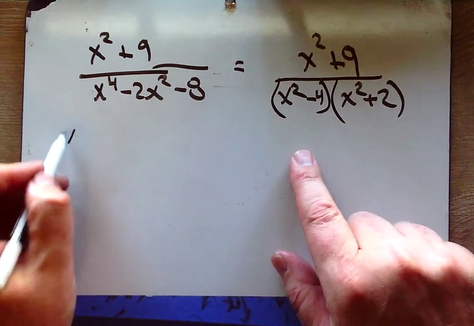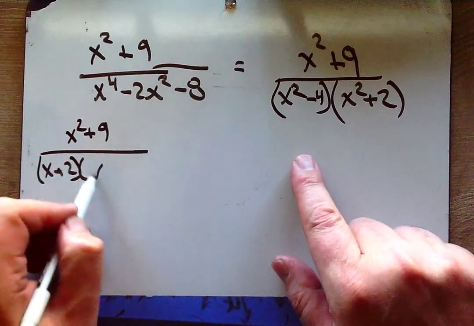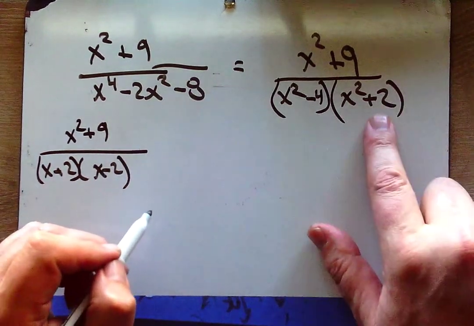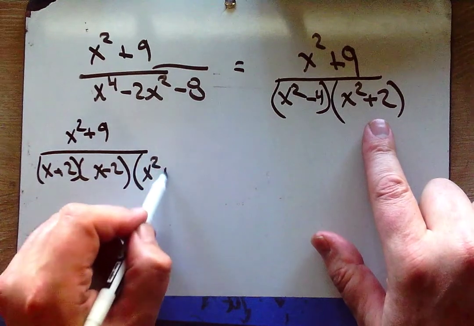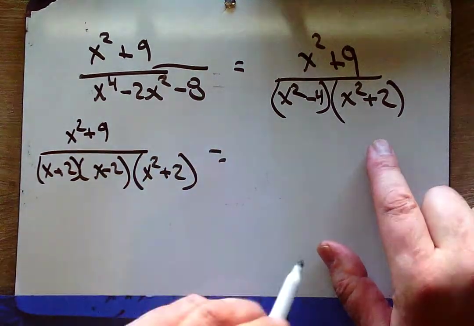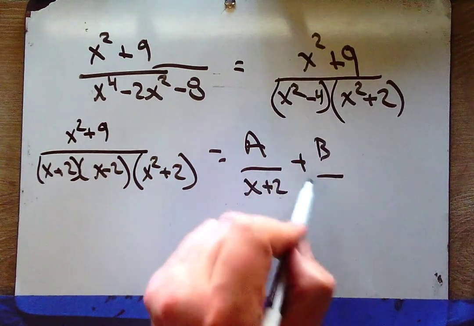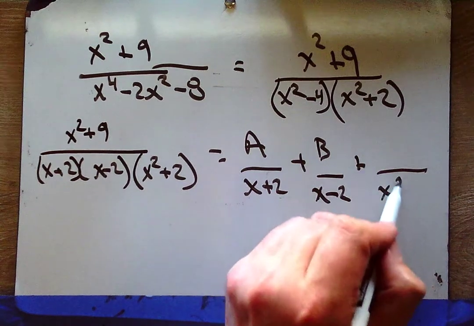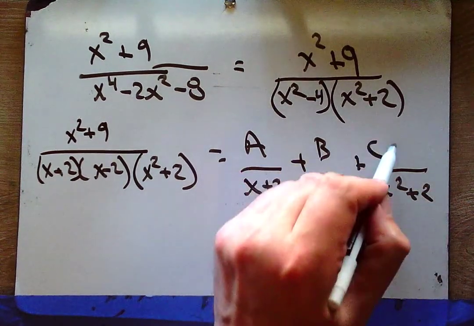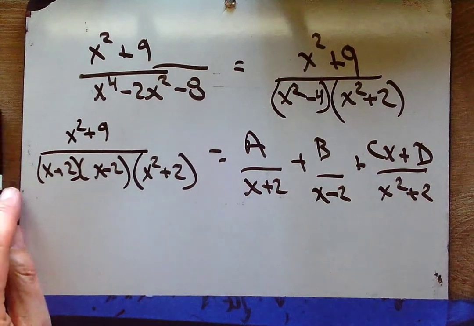That can be x plus 2, x minus 2. But this only factors with imaginaries, so I'm not going to take that any further. So my setup, a over x plus 2, b over x minus 2, and irreducible quadratic x squared plus 2, I need a cx plus d here. Okay? All right.